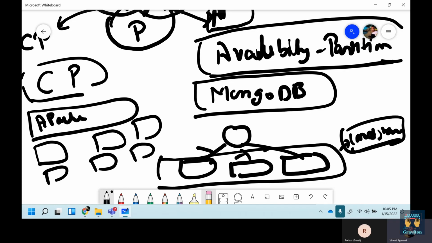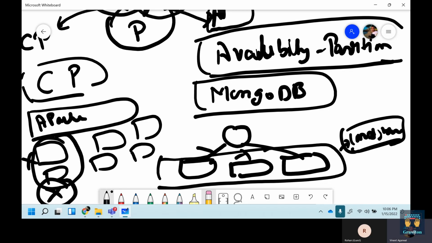This ensures that all the data is consistent, whichever request I'm getting, but it might be possible that one of the servers goes down at any point of time. So it will not be available for that time.